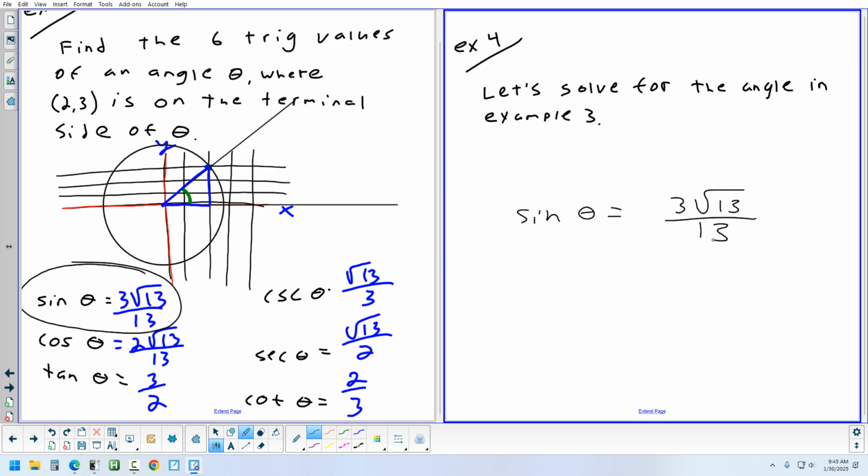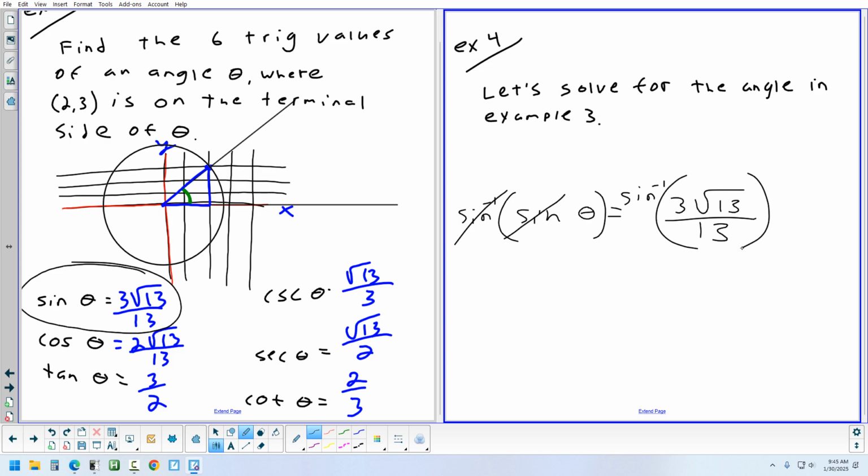How would I get theta by itself in that equation so I could get the size of that angle? Did you take the inverse of sine? Yeah, we're going to take the inverse sine on both sides. That's exactly what we just did.